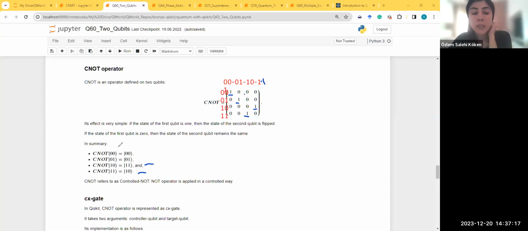It is applying a NOT on the second qubit if the first qubit is 1. So that's how CNOT works. Check here. If the first qubit is 0, then nothing is happening on the second qubit. It's not changing. But if the first qubit is 1, then the NOT is applied on the second qubit.